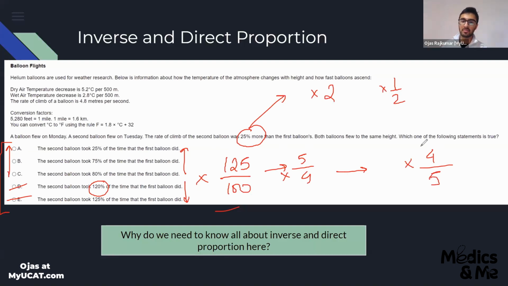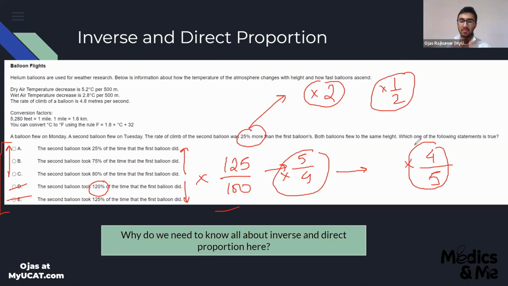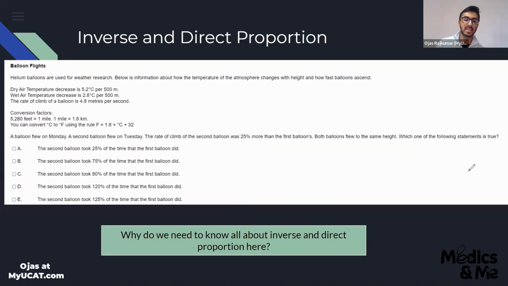So remember, flip the fraction. Times by double the speed, half the time. Times by 5/4 the speed, 4/5 the time. And so if the balloon is taking 4/5 of the time, then which one of A, B, or C is that going to be? Really good, C.